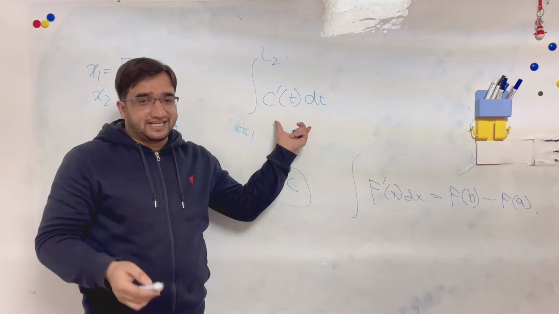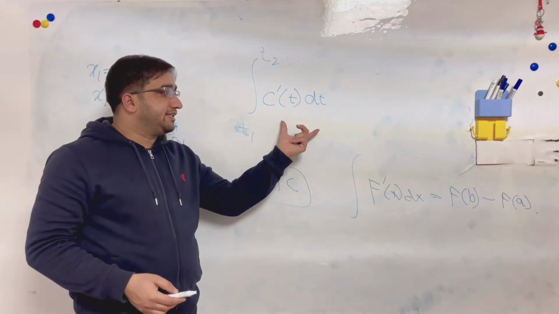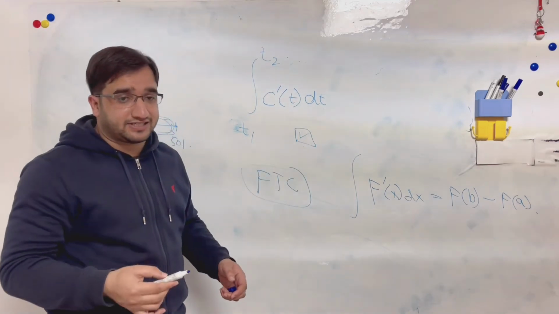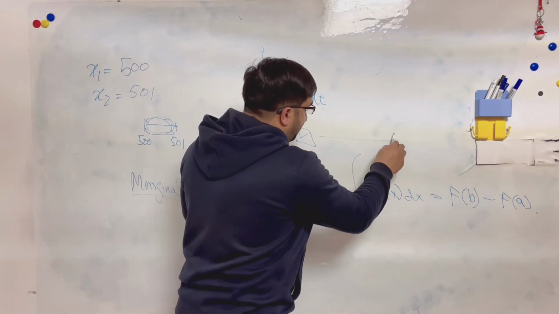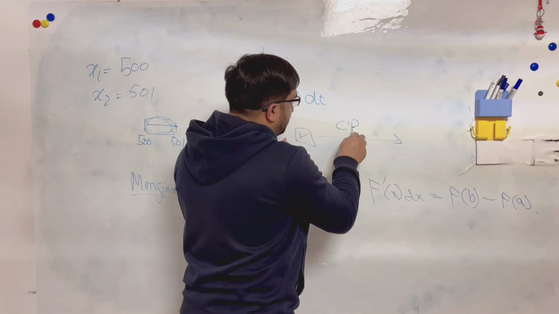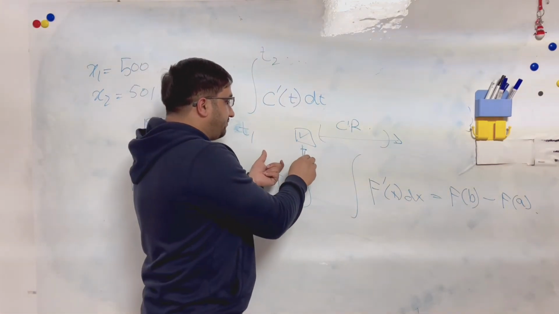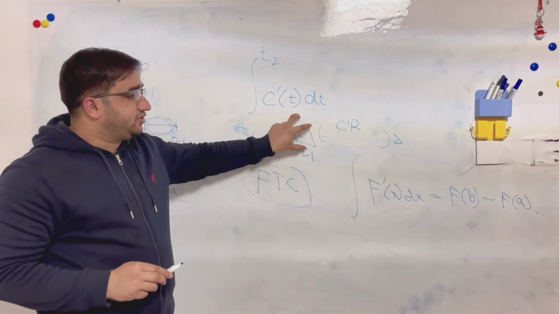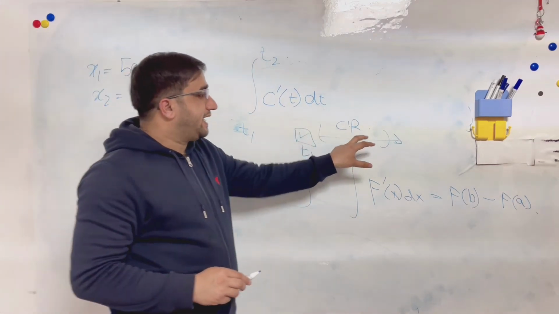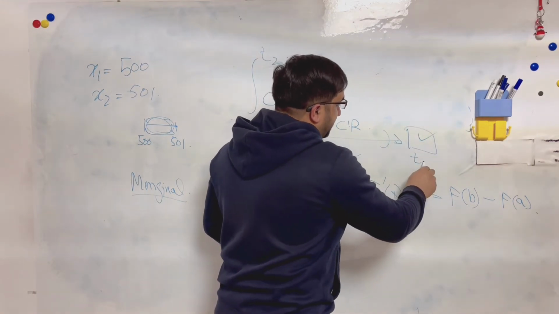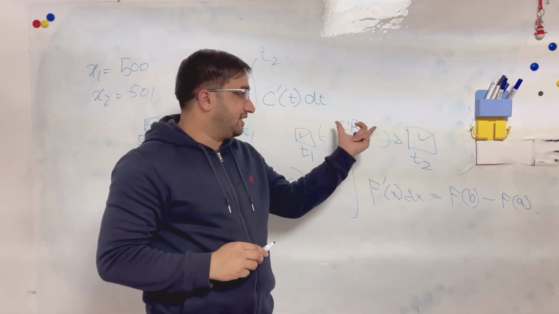So you are performing a chemical reaction and you want to know that initially there was a product having a certain concentration and you did the chemical reaction. This was the time 1 when you started the chemical reaction, this is the new product, and this is the time when you finish that chemical reaction.